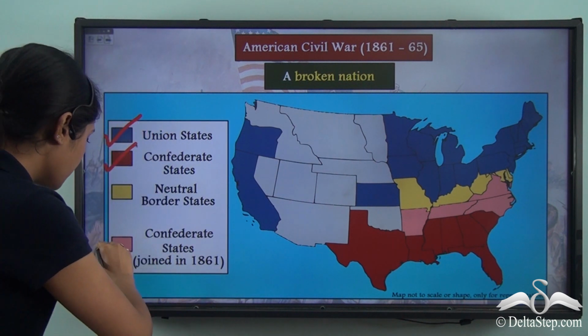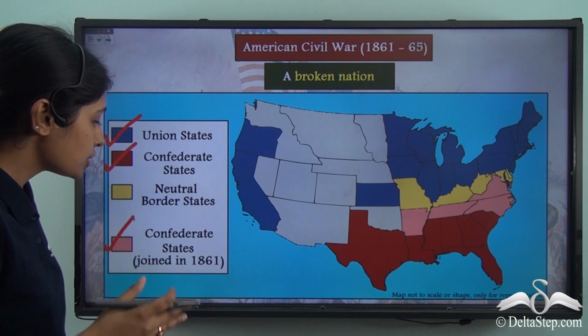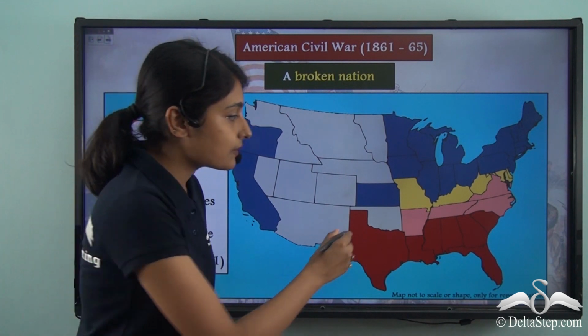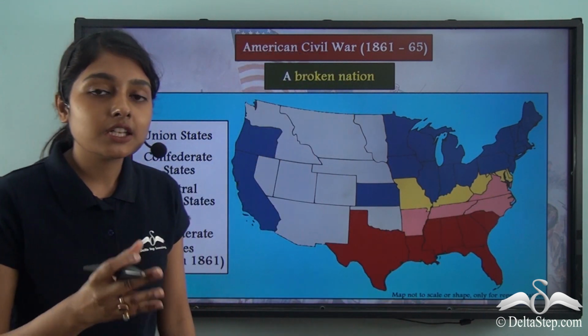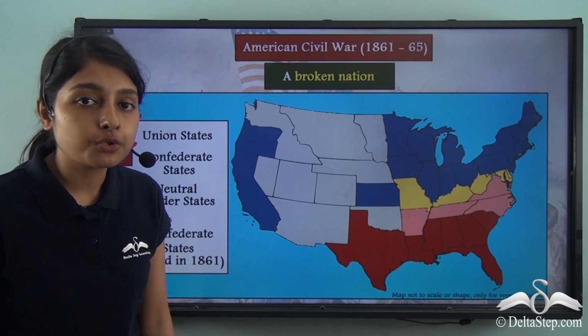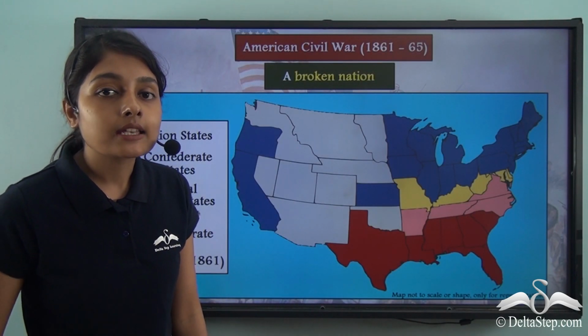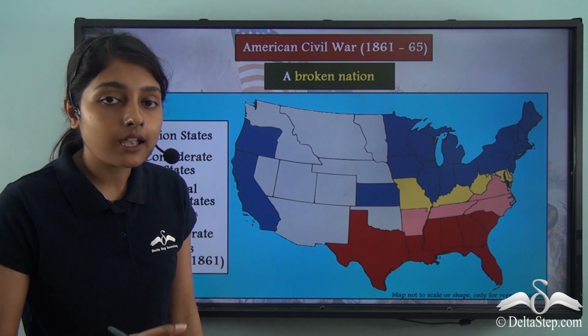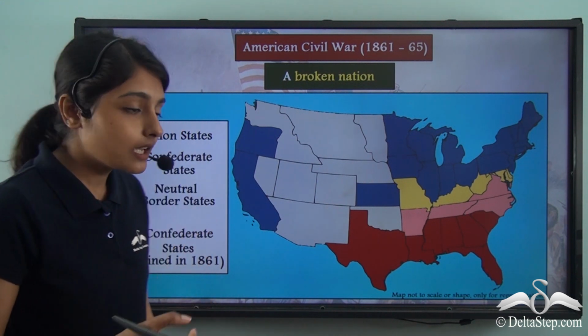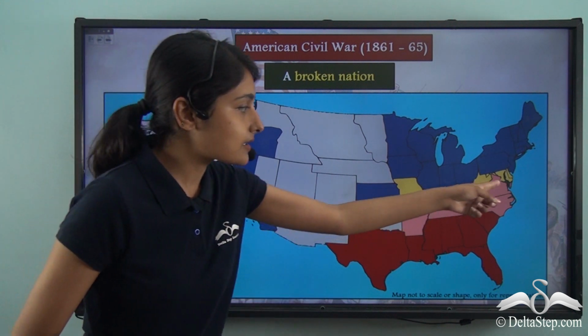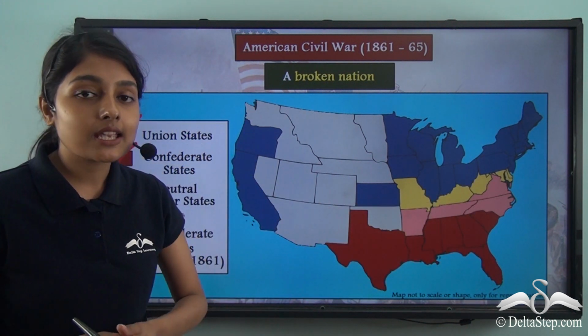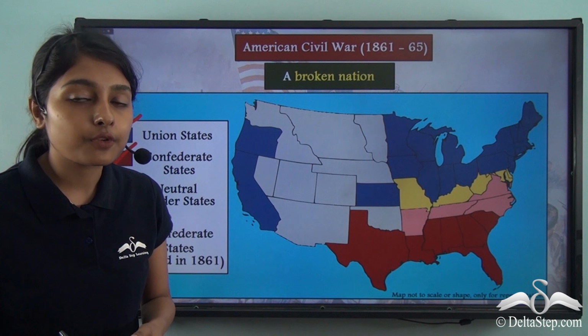Following which were the Confederate states that joined afterwards. That is the 4 states that were initially threatening to secede from the Union, after the Battle of Fort Sumter in 1861 and the American Civil War breaking out. After this, they joined the Confederate States and together these 11 states made up the Confederate States of America.